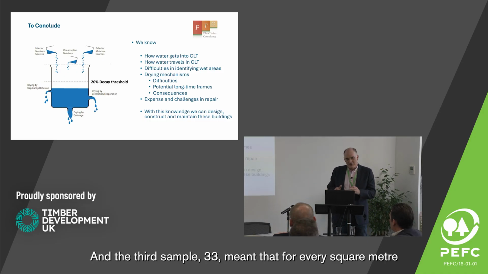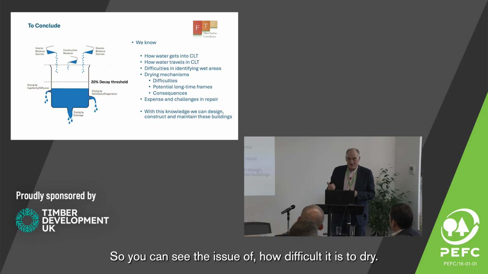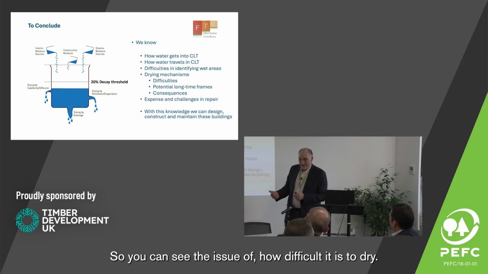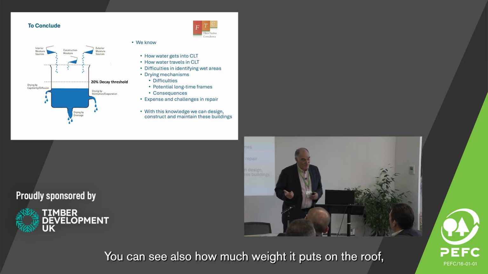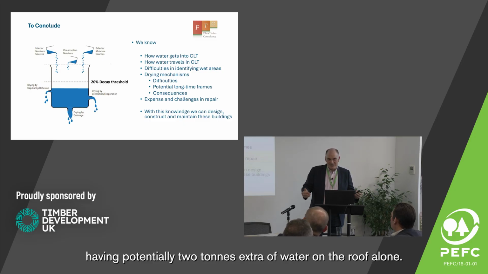And the third sample, 33, meant that for every square metre, I had 33 litres of water more than we started off with. So you can see how difficult it is to dry. You can see also how much weight it puts on the roof, because when you start doing roofs that are 10 metres by 6 metres, you're suddenly having potentially 2 tonnes extra of water on the roof alone.